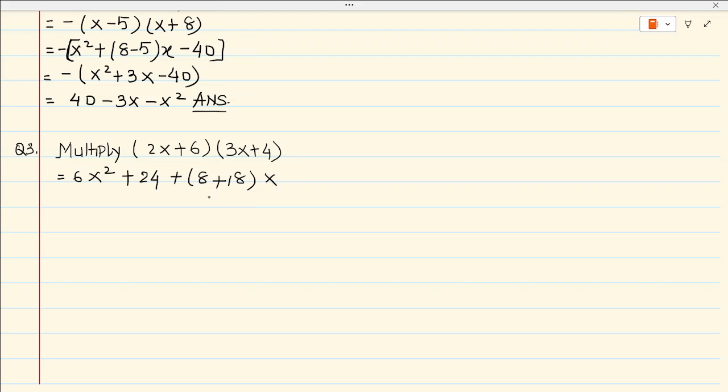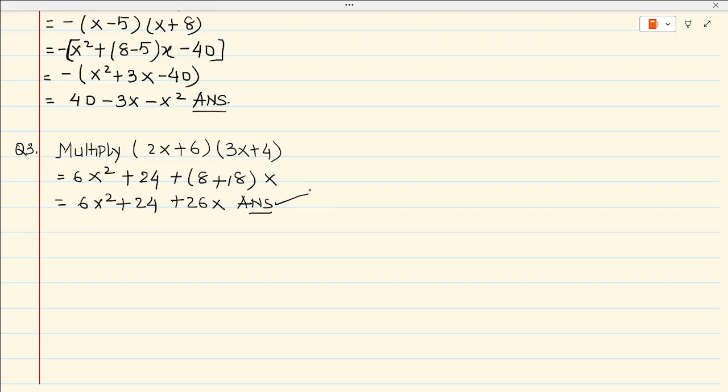Taking x common, it will be 6x square plus 24, plus 18 plus 8, that is 26, so plus 26x. This is your answer, correct?